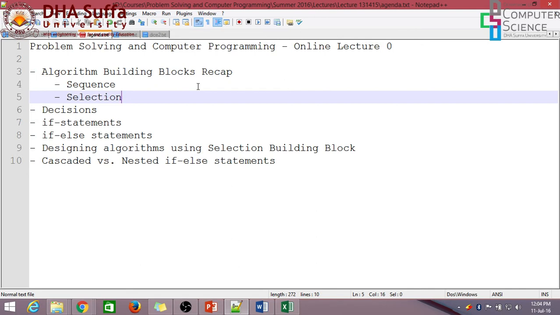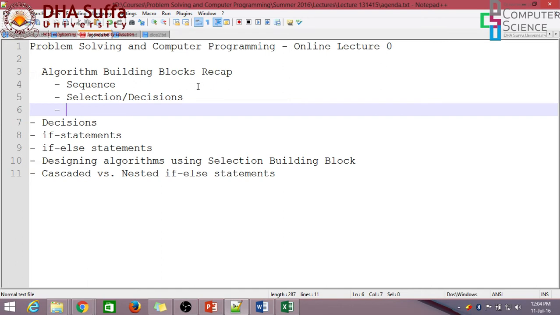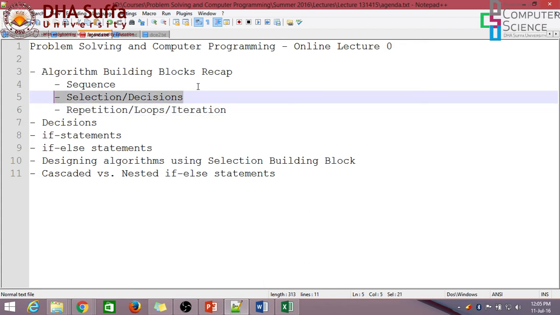So this is the building block which actually uses decisions, which is our main topic for today. And the third building block is called repetition, or famously known as loops or iteration. We'll talk about loops and repetition and iteration in the next lecture. For now, let's focus on selection or decisions.